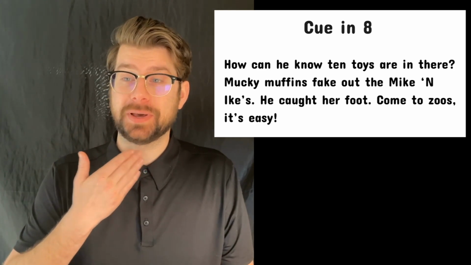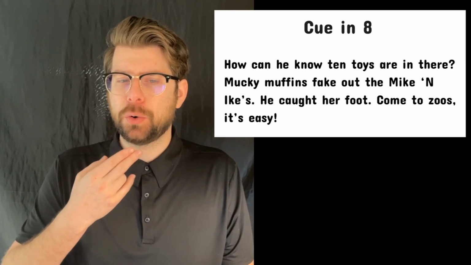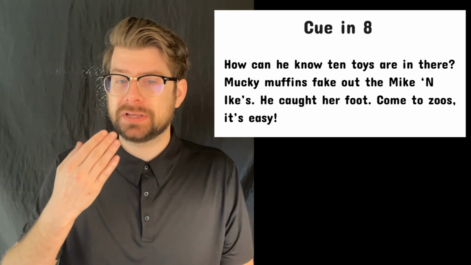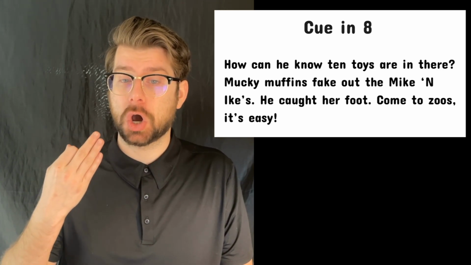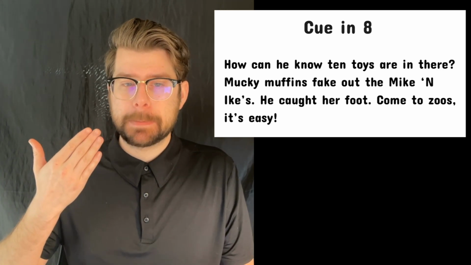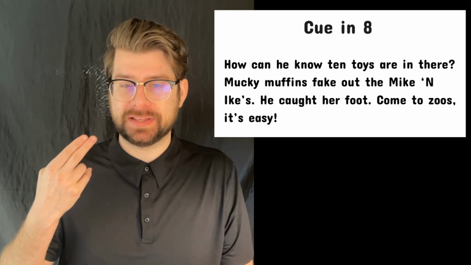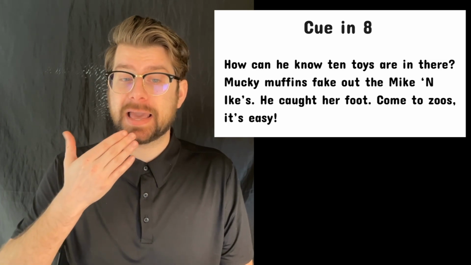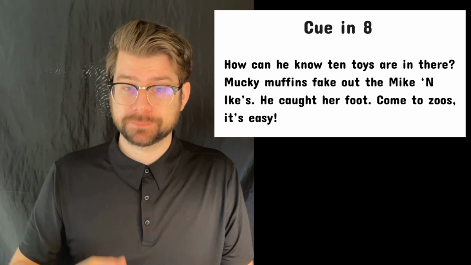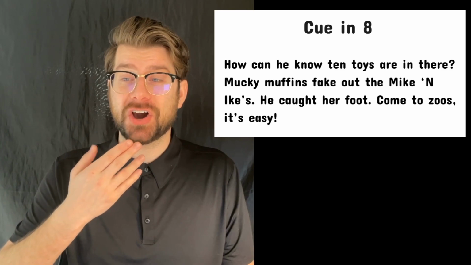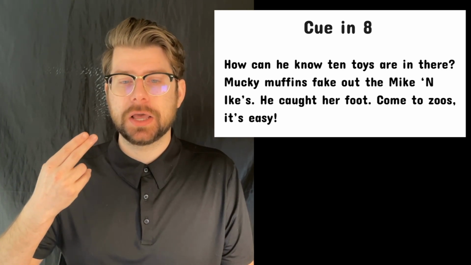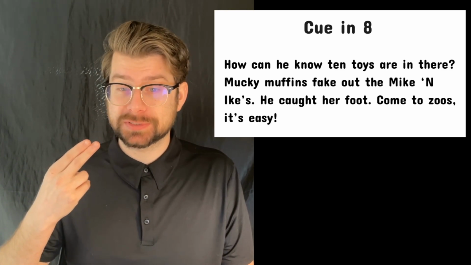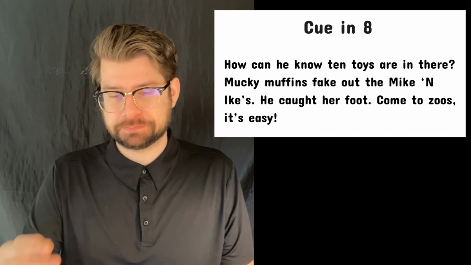So, to cue it, we cue, how can he know 10 toys are in there? Mucky muffins fake out the Mike and Ikes. He caught her foot. Come to zoos. It's easy.